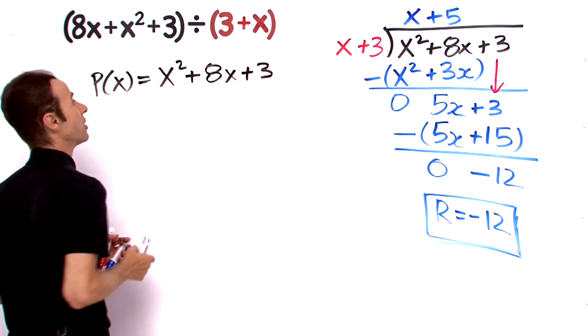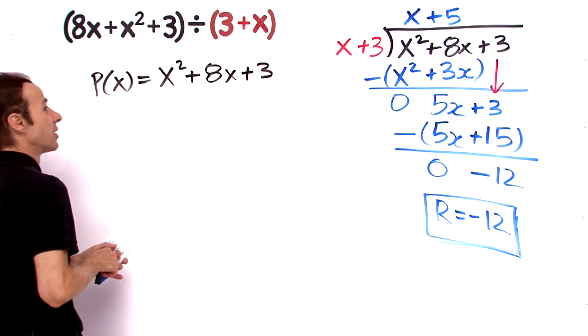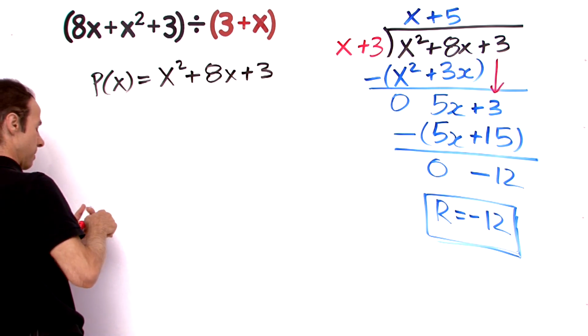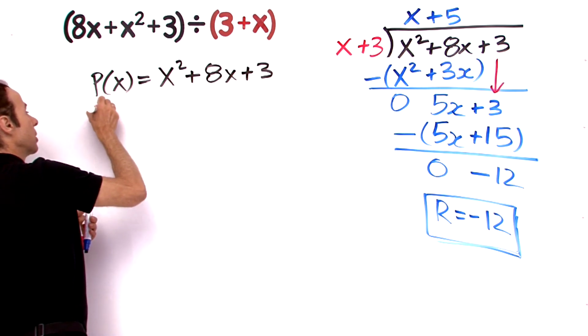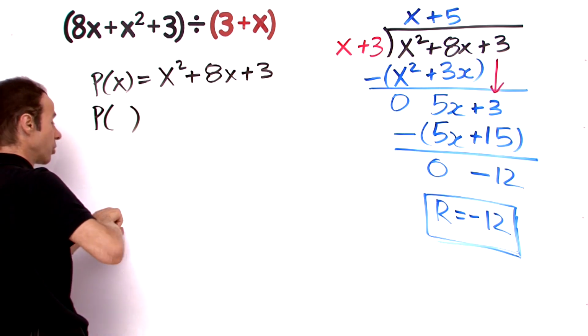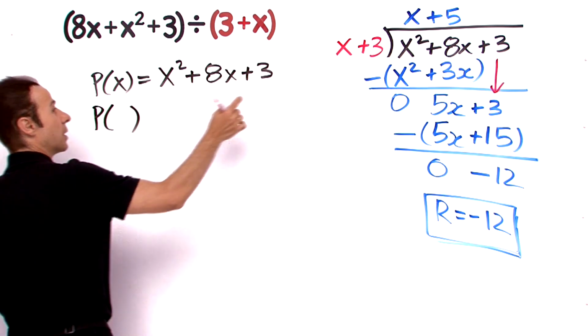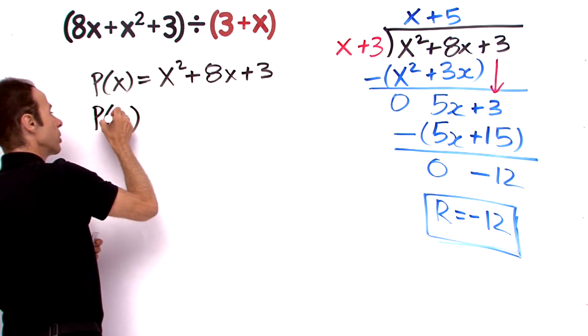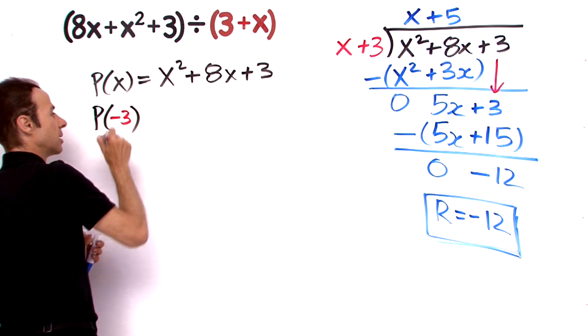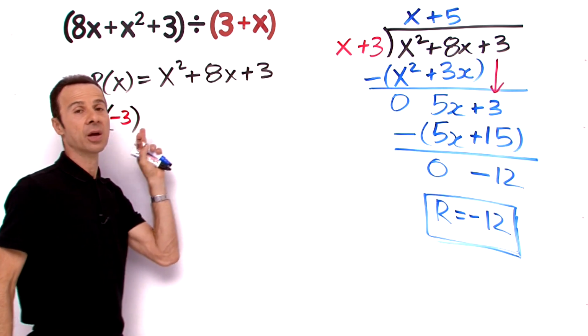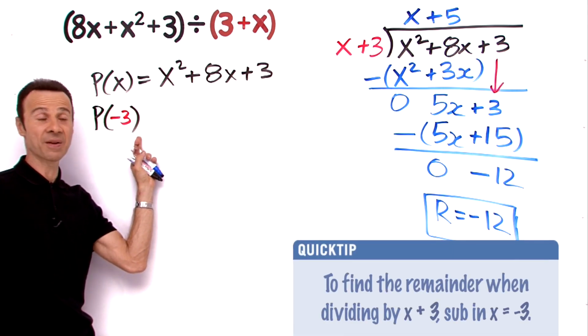Now, because we got this guy over here, the divisor, that's going to be p, polynomial, to the power, well, we're substituting, that's x plus 3, so therefore we put minus 3 there. It's negative. If that's a plus there, it'll be a negative. That's what we're substituting, that value in there.